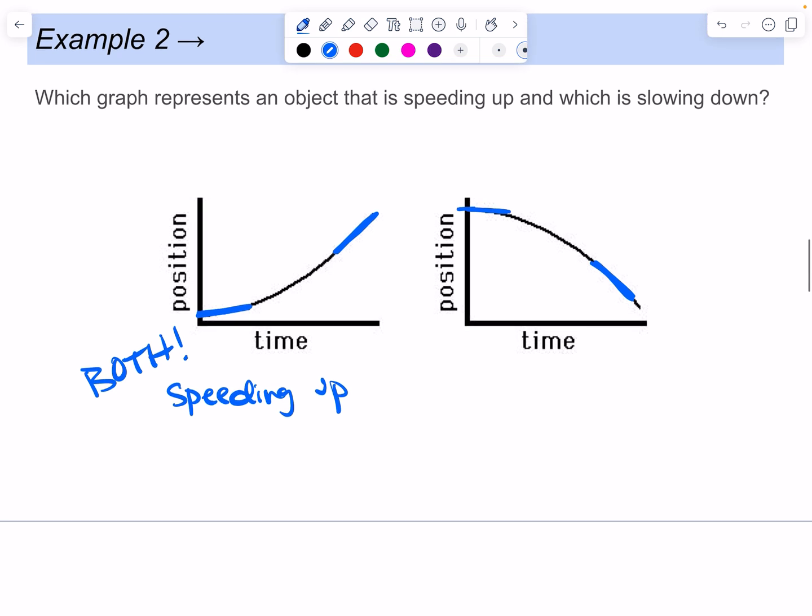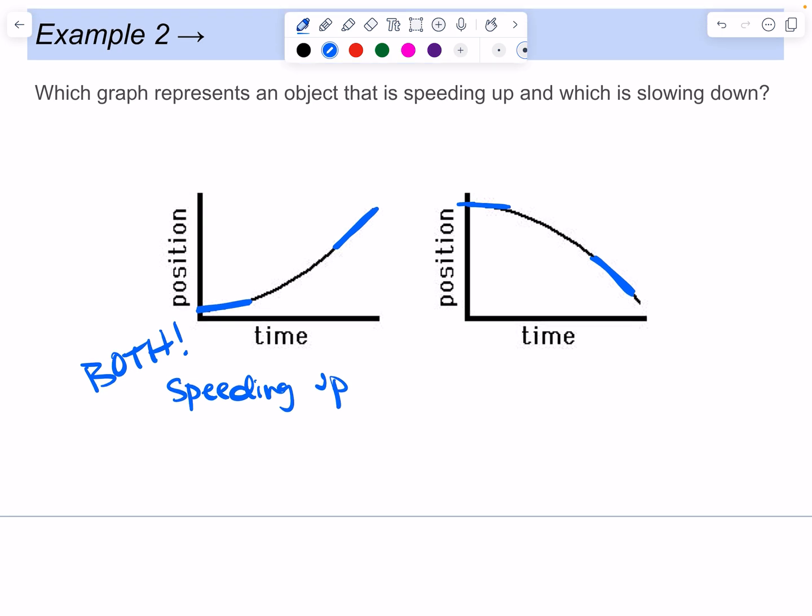Now, if we were to look at a graph of something that's slowing down, on a position time graph, that would look something like this. So we see in this type of graph, we're starting out steep, and then over time that slope is starting to level off. So that would be what a slowing down graph looks like.